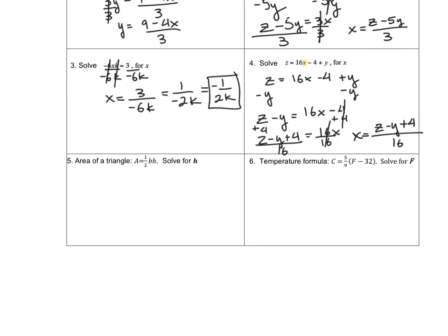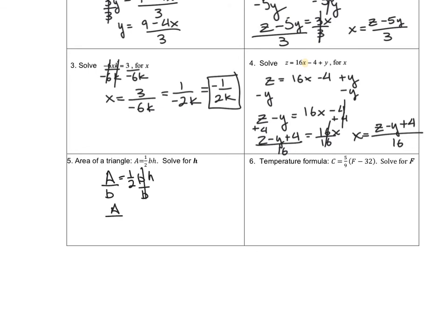Example 5. Find the area of a triangle. A is equal to 1/2 base times height. So we have to solve this for h. So I have to get rid of the 1/2 and the b. So I'm going to get rid of the b first by dividing both sides by b.